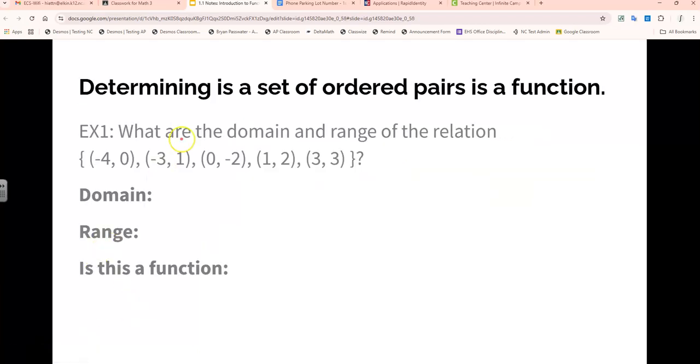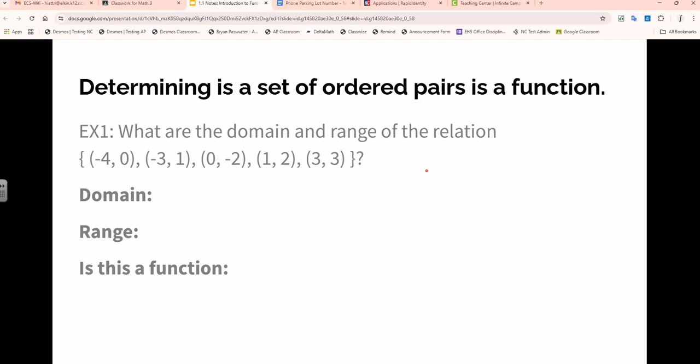So if we are trying to decide if a set of ordered pairs is a function, such as this list of ordered pairs, does anybody remember what we're looking for when we look at that list?